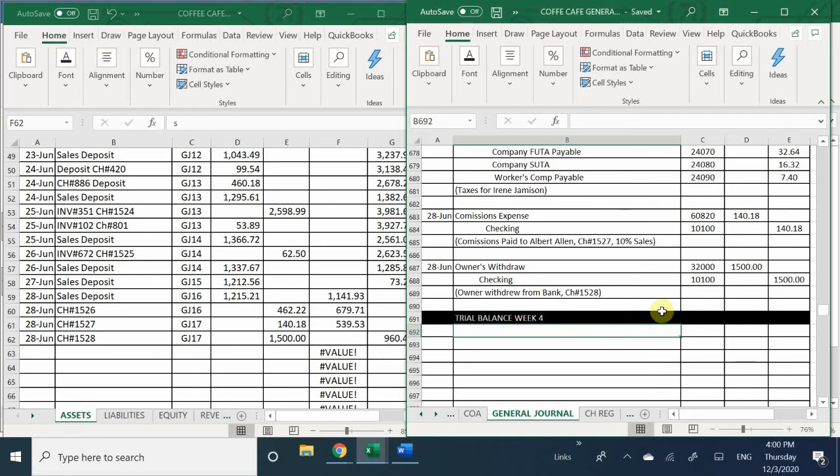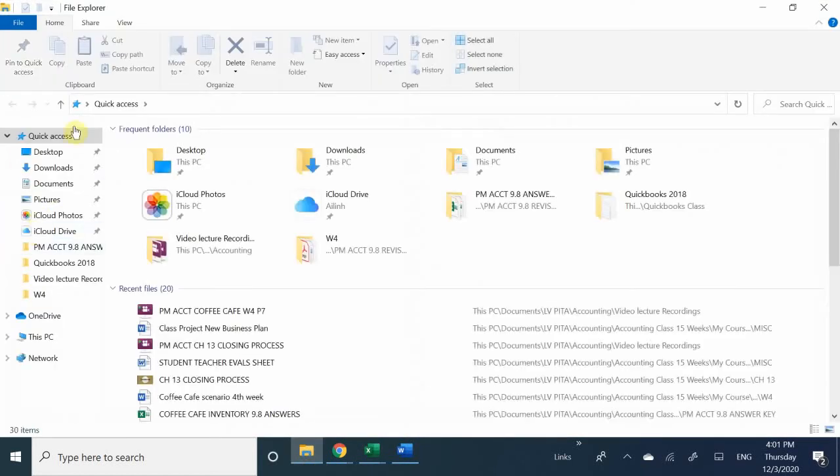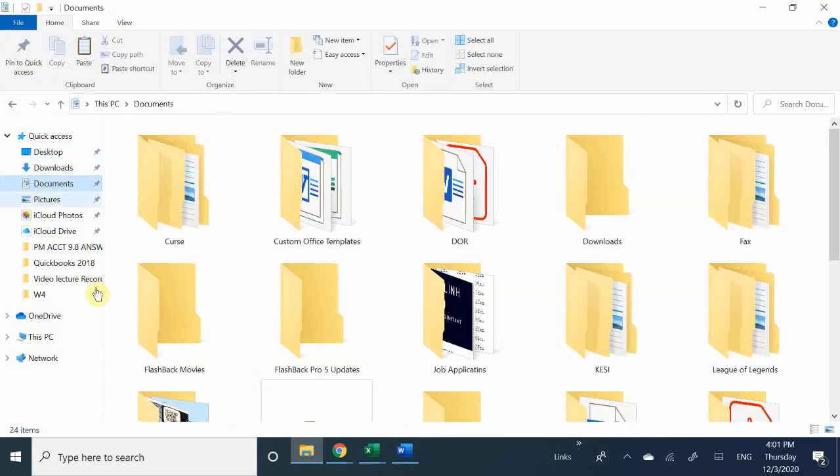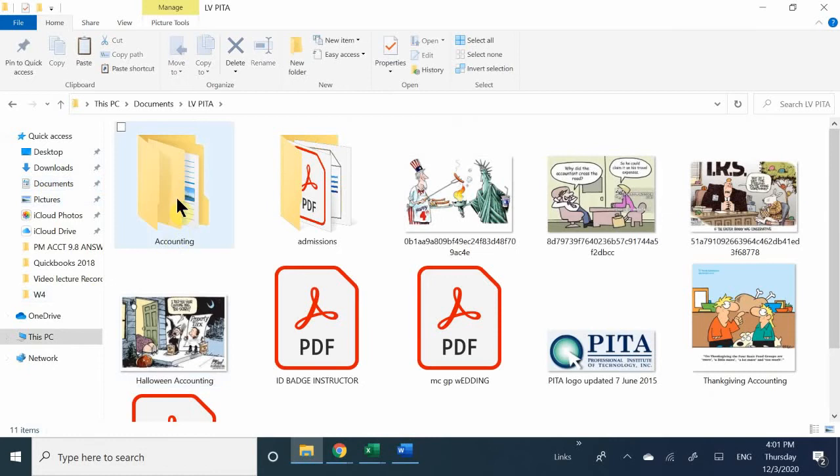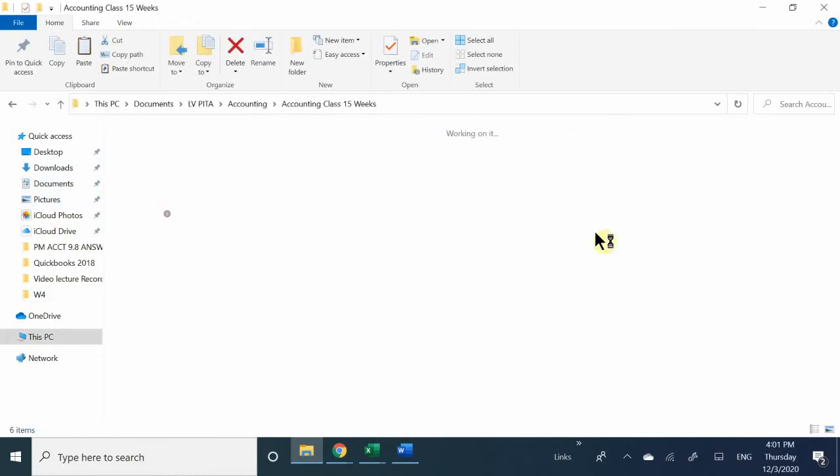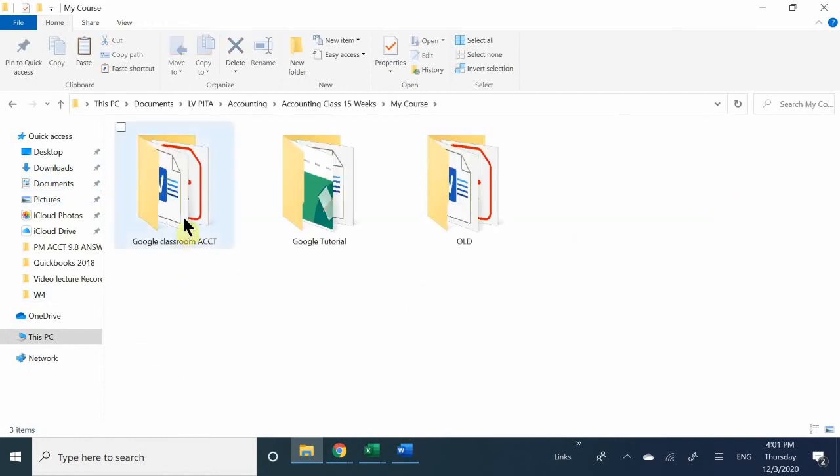Now we have exactly 40 minutes to complete our trial balance, so I'm going to give you a little shortcut here. If you remember from our last trial balance, go ahead and open up your trial balance or your financial forms. Let me locate mine.